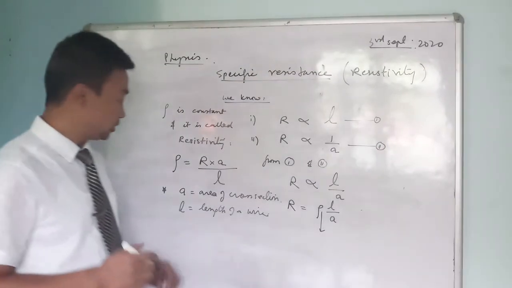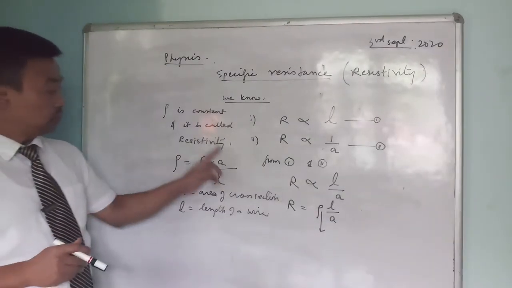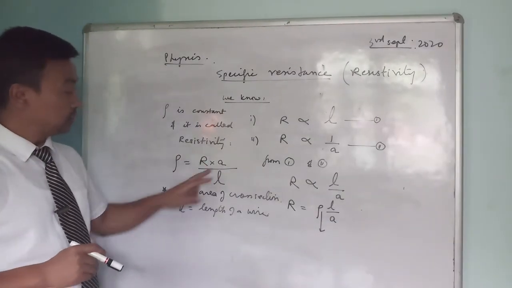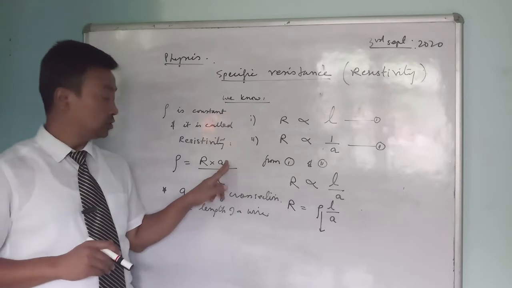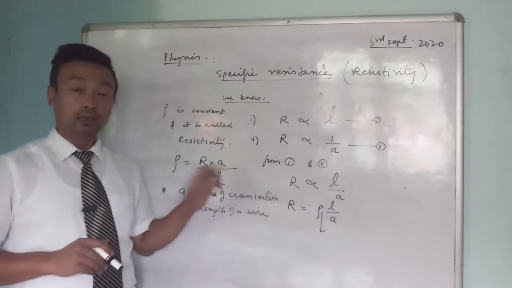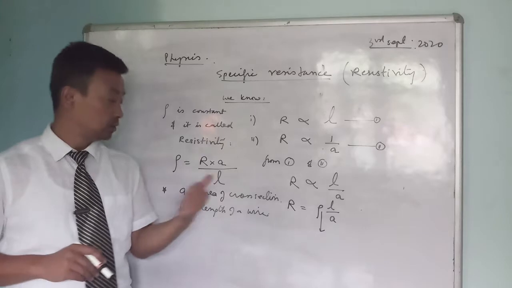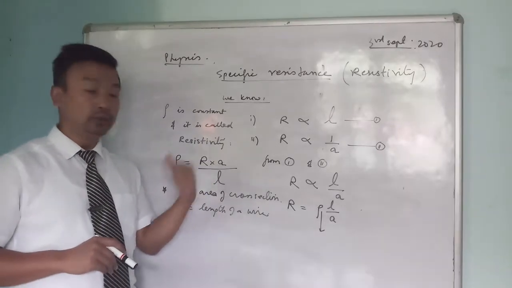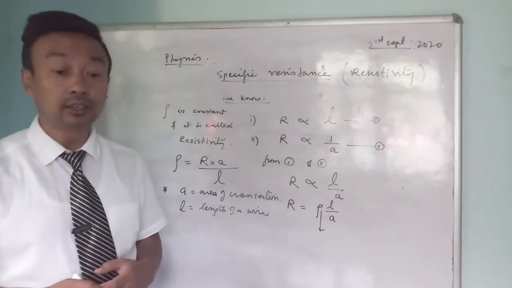Now, if you see from here, if the length and the area are both unit 1, then resistivity will be numerically equal to the resistance of a wire.